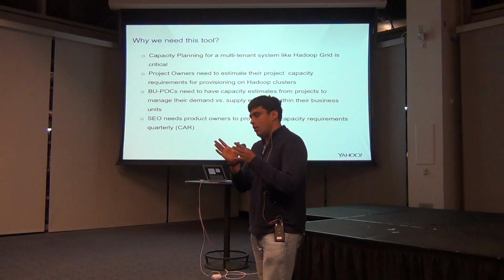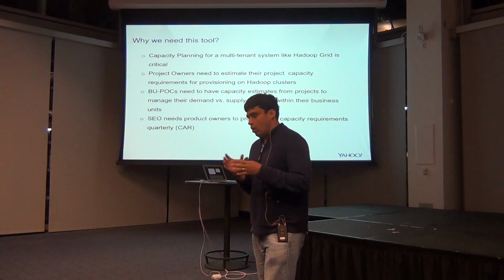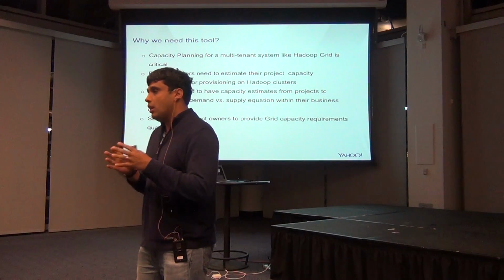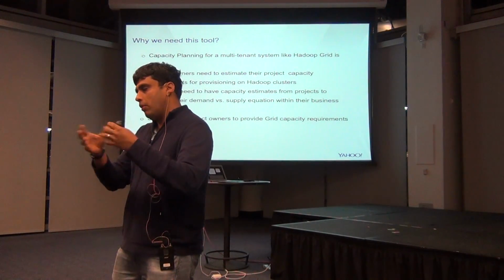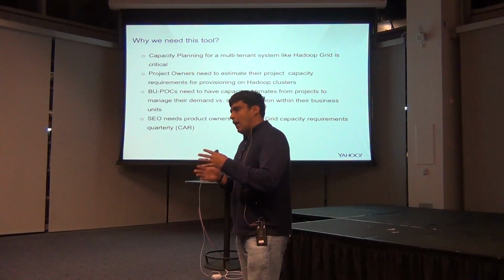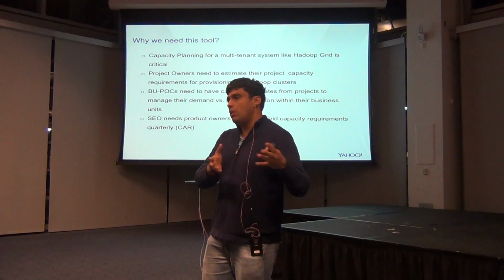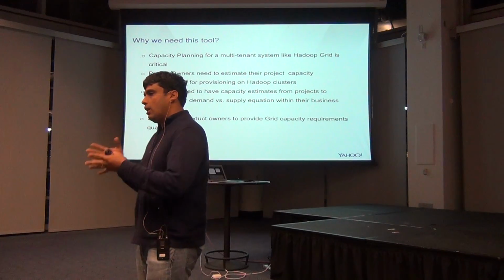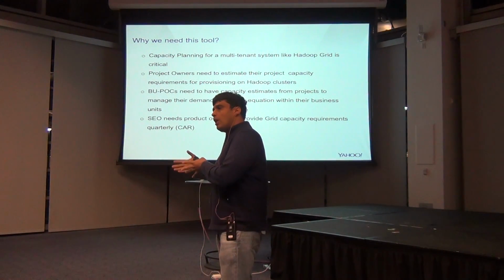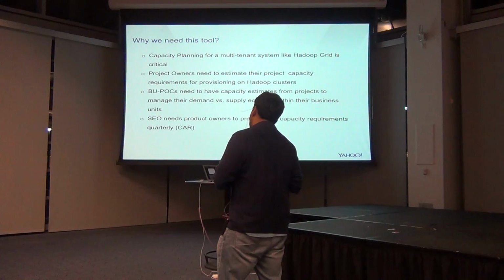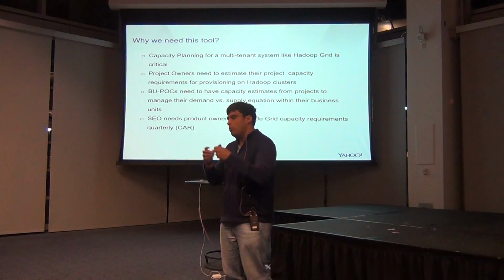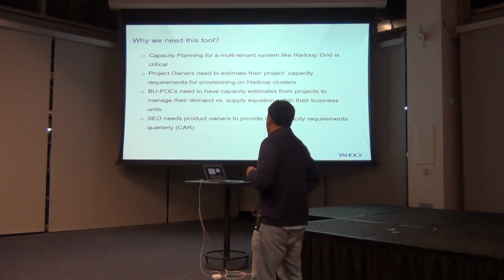They need to say, okay, I need this many resources to actually execute a part of my job, let me try 50% of my data sets. Because without that, it's a catch-22 situation. You don't know how much you need, you just can't get onto the grid, right? So you need to have some estimate so that you can run some applications through it, right? That's the biggest thing facing all people who are onboarding on the grid in Yahoo.